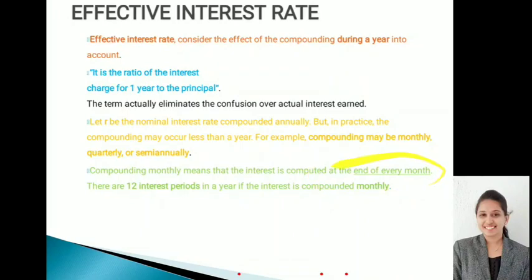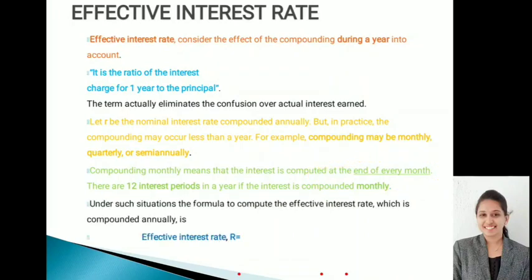It is calculated at the end of every month, and there are 12 interest periods in a year if interest is compounded monthly. So in such a situation, the formula to compute the effective interest rate which is compounded annually is: effective interest rate equals (1 plus r by n) raised to n, minus 1.